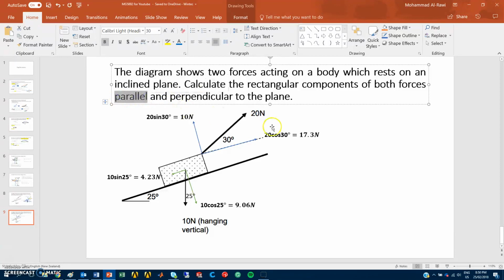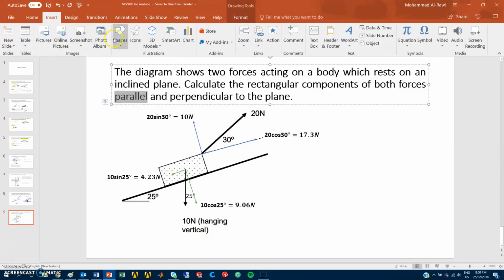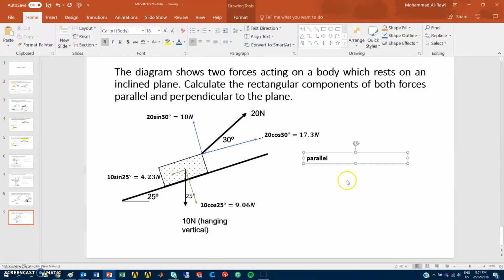So we write the equations on the other side here. We say parallel to the plane, which will be, you have two forces.